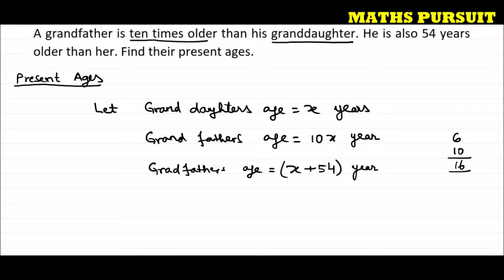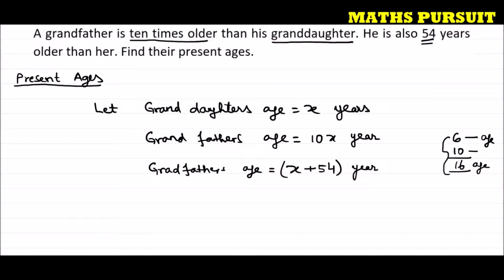Similarly, if I am telling that grandfather is 54 years older than her, then I need to add 54 to the granddaughter's age. So what we got is x plus 54.